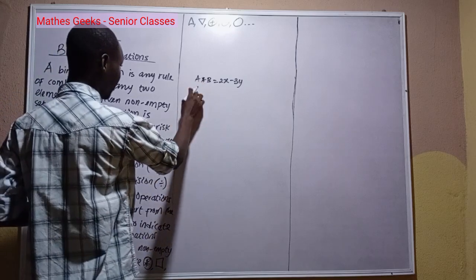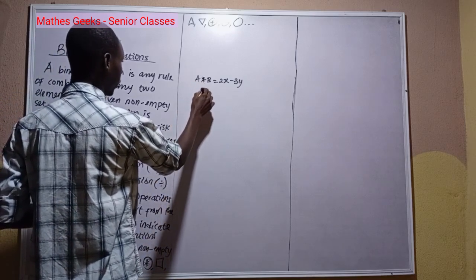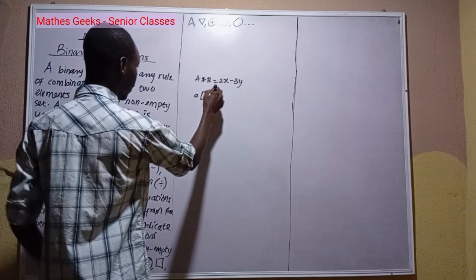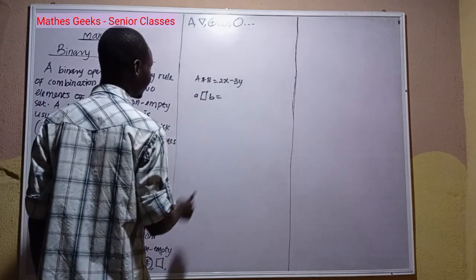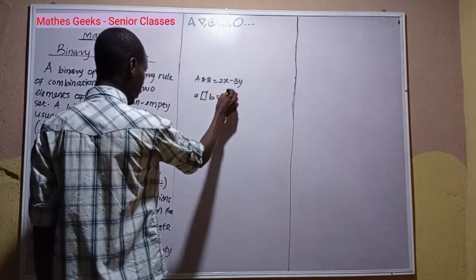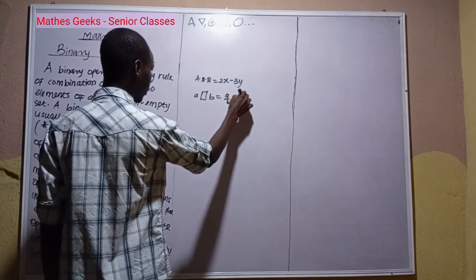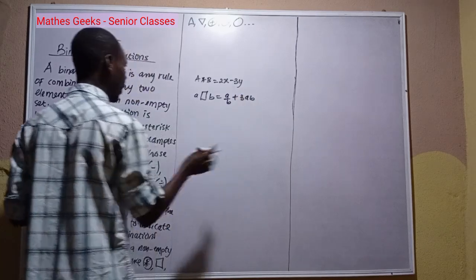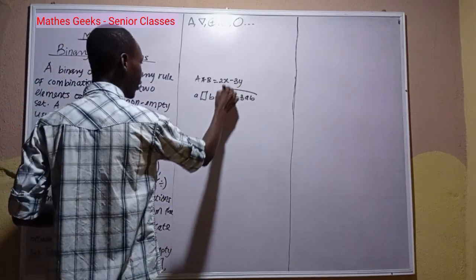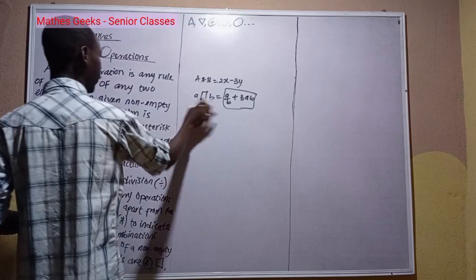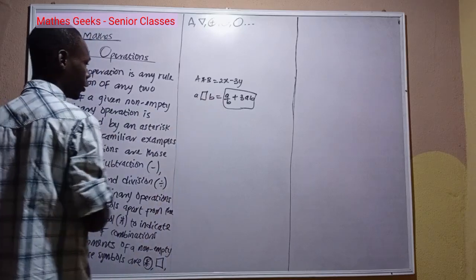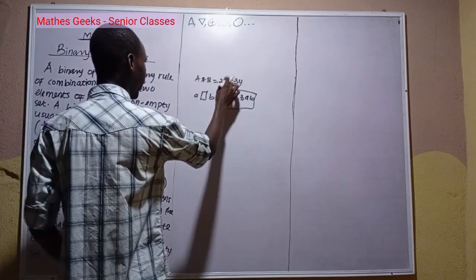It can be a box b is equal to a over b plus 3ab. It can just be anything. So this is the rule of combination of this binary operation, and in this case, a star b is equal to 2x minus 3y.